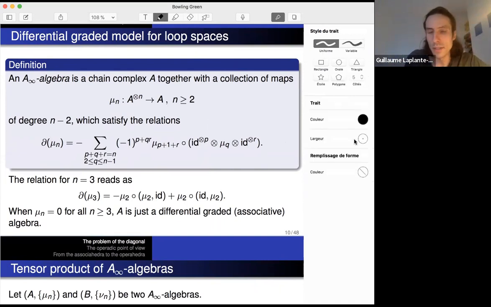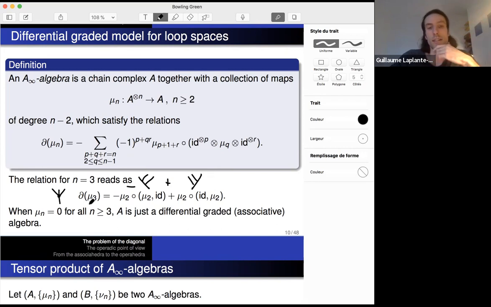So it's really saying that associativity here, this is the picture, and this mu3, this corolla here, its boundary is to be thought of as a homotopy between the left and the right comb.